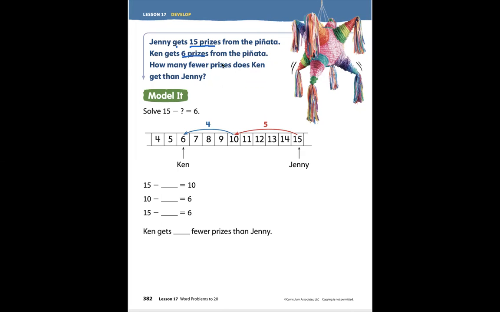How many fewer? Fewer means less, right? So how many fewer did Ken get than Jenny? Well, we can do Jenny minus Ken equals how many fewer? Okay, and when we have a minus sign, we know that it is always whole minus the part equals the part.